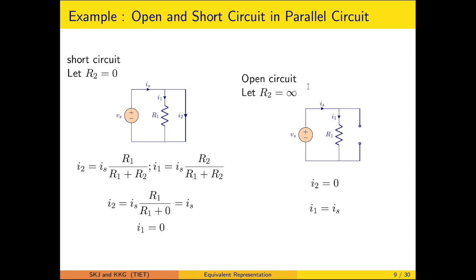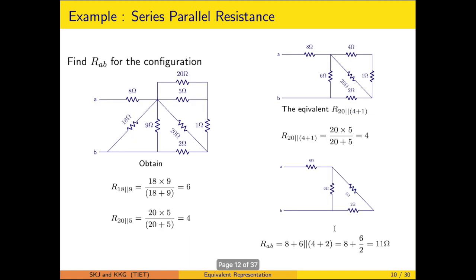During the open circuit, which is represented by an infinite resistance, the current in that open-circuited element will be 0, while the others will share the currents. In this case only one resistance is there, so that will carry the whole current Is.